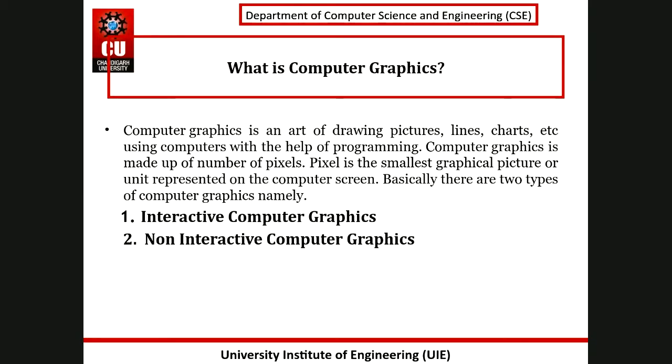And computer graphics is made up of a number of pixels, and a pixel is the smallest graphical picture element, or you can say it is the smallest individual unit that can be displayed or represented on a computer screen. Means a pixel is a point, the smallest unit, and any object is formed with the help of pixels. So any student have any doubt in the definition of computer graphics, you can ask.